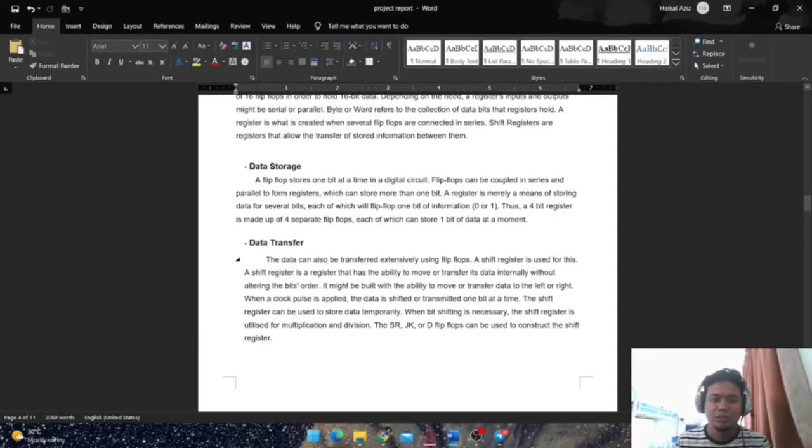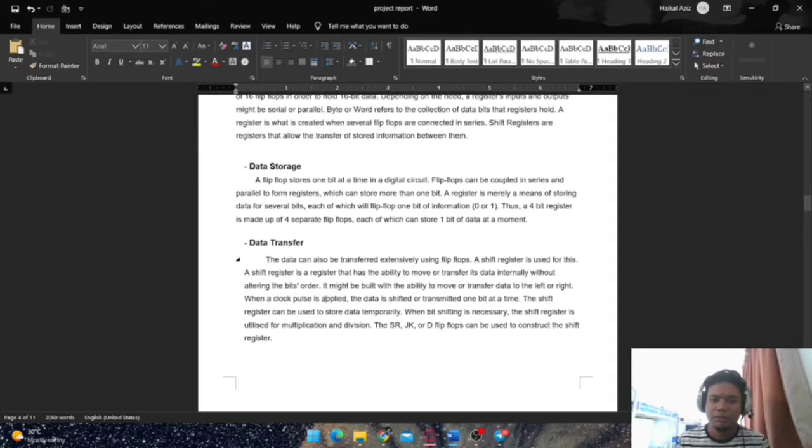Next, data transfer. The data can also be transferred expressly using flip-flops. A shift register is used for this. A shift register is a register that has the ability to move or transfer its data internally without altering the bit order. It might be built with the ability to move or transfer data to the left or right.